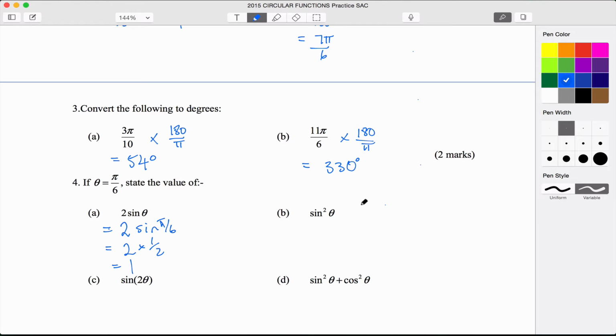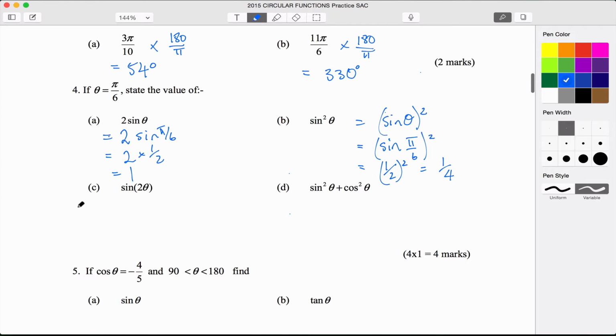Sine squared theta is the same as sine theta all squared, which will equal sine pi over 6 all squared, which is a half squared equals a quarter.